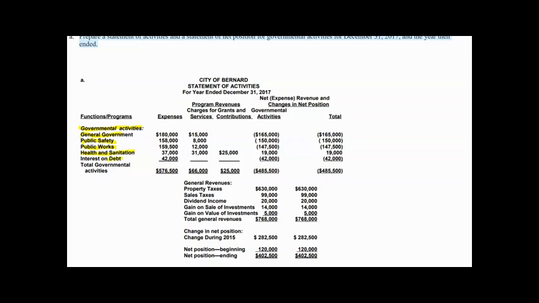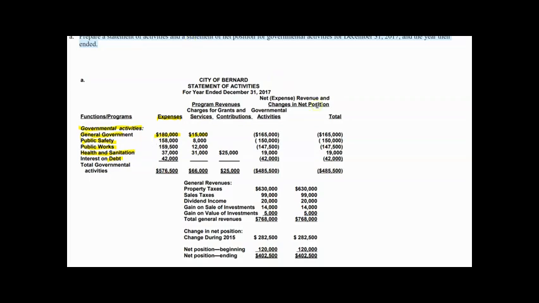For each function, we have the total expense, and also the revenue coming from charges for service. As to the charges for service, the numbers are given directly in our cash receipts. For the expense part, it's a little more complicated. You have to calculate the subtotal for each function.